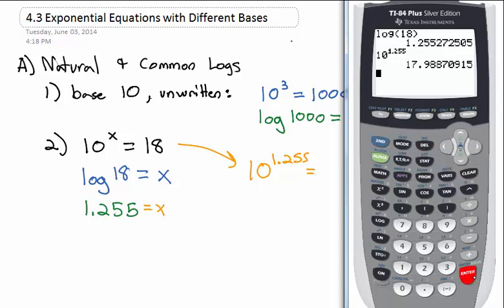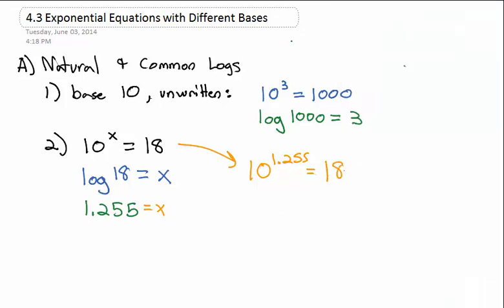Hit enter. And it's 17.98. If you round that up, it's 18. And because we rounded our exponent down, we ended up rounding down the answer. But it's essentially, if we round it just to the tenths place even, 18.0.